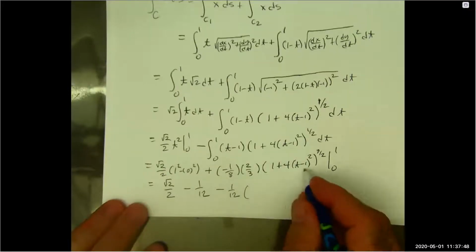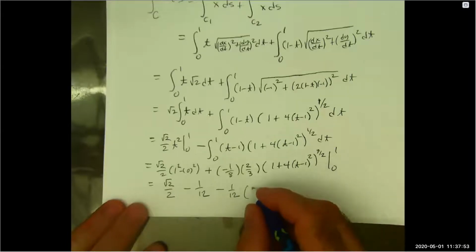And when we put in the 0 there, we're going to end up with 5 to the 3 over 2.